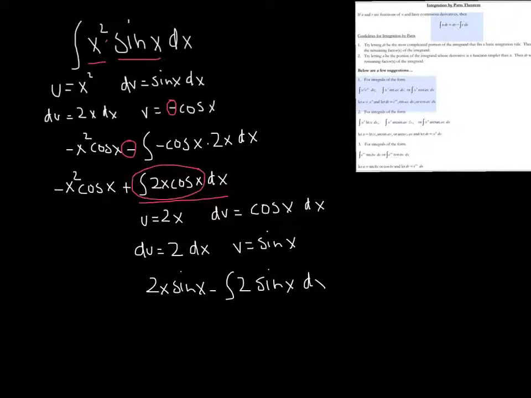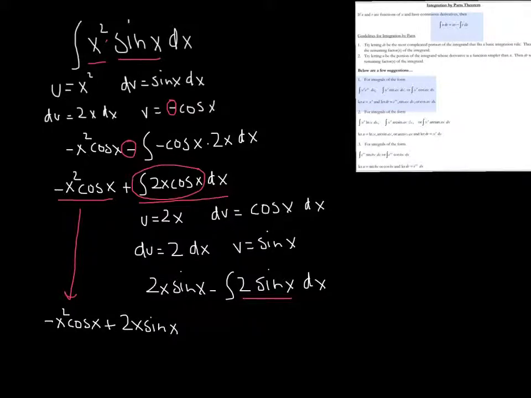So we're in good shape now because now this is something that we can integrate pretty easily. And so let's go ahead and do that. First, let's make sure we don't forget about that part. So we're going to bring that all the way down, and that's going to be negative x squared cosine of x plus 2x sine of x.